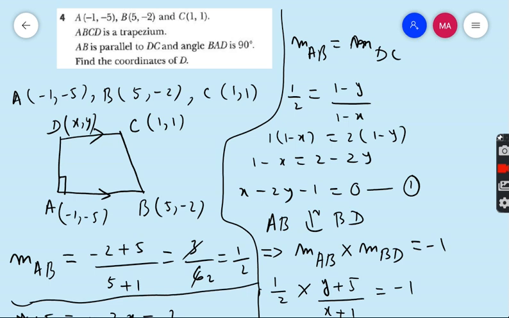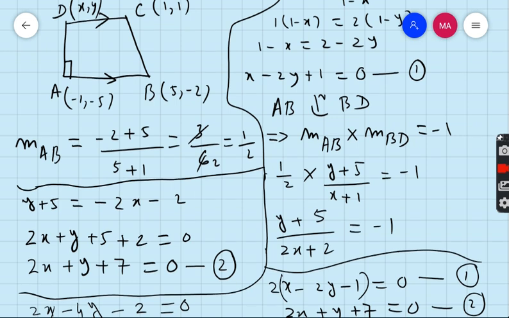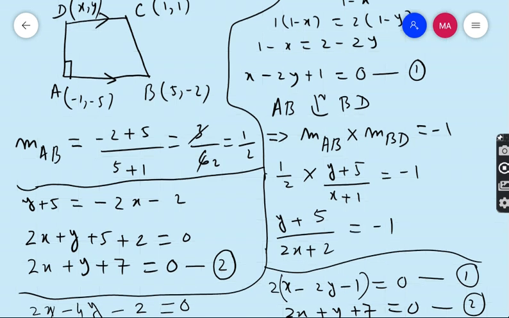No mistake. Then DC: (y minus 1) upon (1 minus 5)... upon (1 minus x). No mistake. 2 ones are 2, 2 twos are 2y. So x minus 2y. Oh, this is the mistake. This should be plus 1. Okay, so sometimes a little sign mistake can damage the whole question.